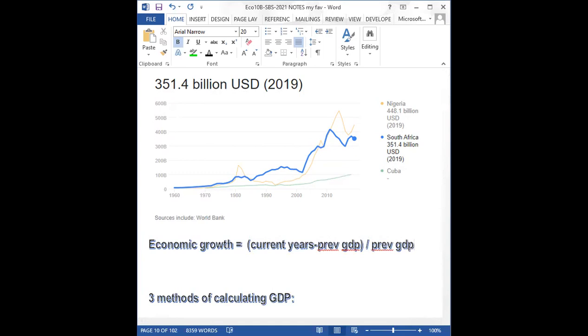So suppose you are given a value of gross domestic product that has already been calculated. They tell you that in 2022, gross domestic product amounted to 450 billion rand, and that in 2021, it amounted to 350 billion rand.